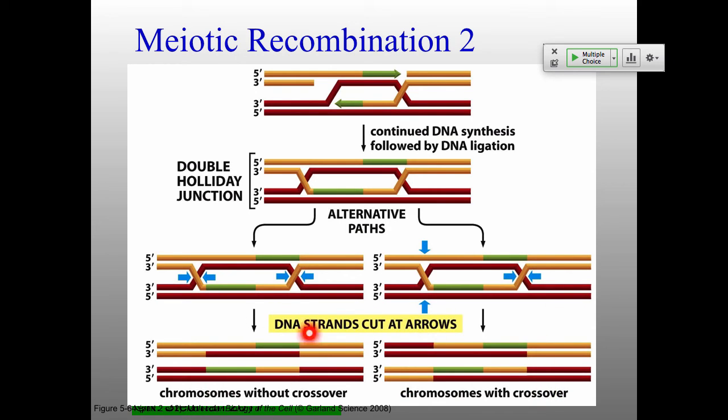If, however, you don't have a crossover, and what that means is that both of these Holliday junction resolvases cut in the same way, now you have what's also called a patch, which is just a short piece where you have exchange of genetic information from one chromosome to the other, but the ends are still the same. So 2 possible outcomes. Because these are symmetrical structures, each of these Holliday junctions, it's, at least in theory, just as likely that you'll have them cut like this, or they'll cut in opposite ways.